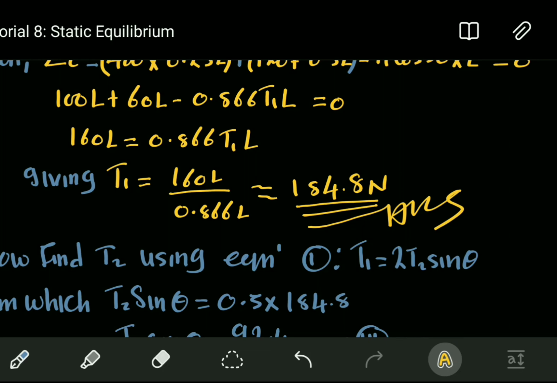So we have found T1. If we go back to equation 1, it tells us that T1 is equal to 2 times T2 sine theta.